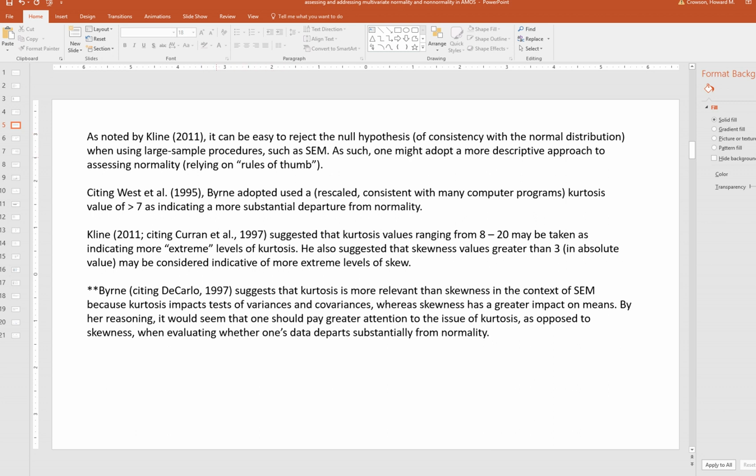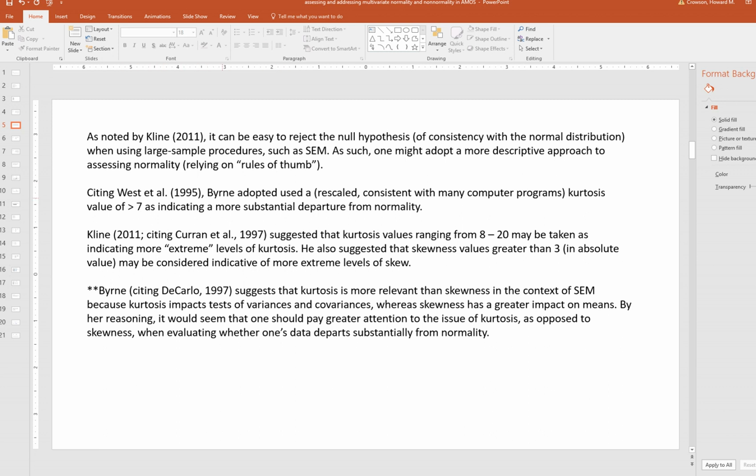So Barbara Byrne and Kline give some thresholds for deciding on departures from normality. In her book, Byrne suggested a value on kurtosis greater than 7 might be indicative of a more substantial departure from normality.